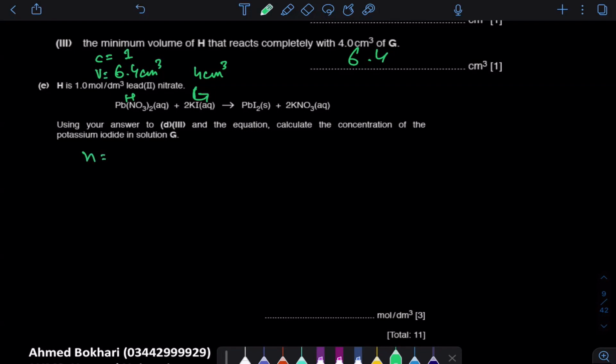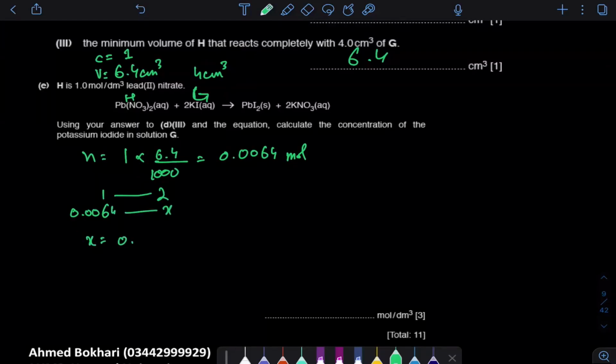So number of moles is concentration times volume. So 0.0064. That's how many moles of H I have. I'll use the mole ratio 1:2. So 0.0064 times 2. That gives me 0.0128 moles of G. And because I know the volume, I can easily figure out the concentration.